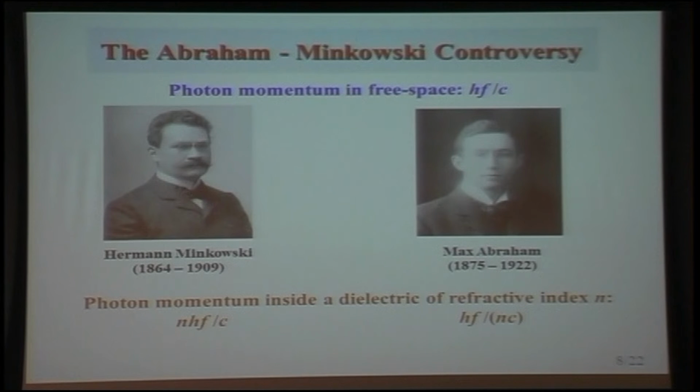According to Abraham's theory, the photon momentum must be divided by the refractive index n. And so there has been a controversy for the past 100 years. Many theoretical papers have been published, some supporting Abraham, some supporting Minkowski. Experiments have been done, some supporting either one. And so the controversy remains to date.